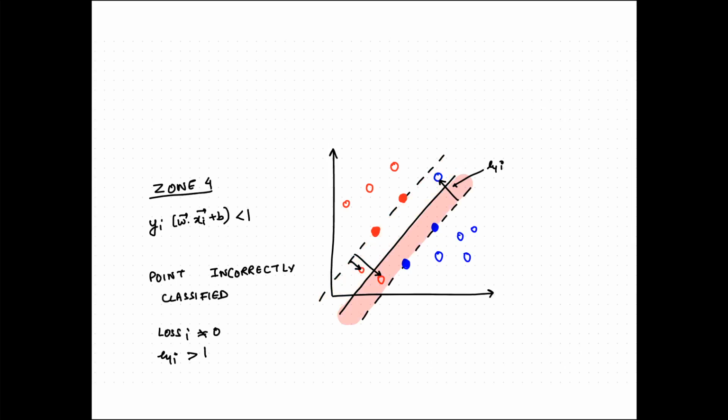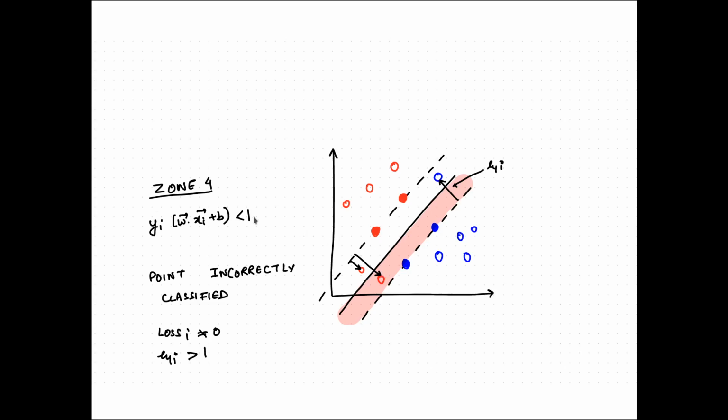And then we come to zone 4. Again, we're looking only at the red points and not the blue points. Now this particular red example is incorrectly classified, right? Because the ground truth yi was plus 1 and this is predicted as minus 1.